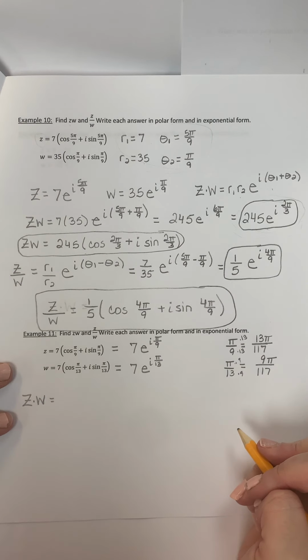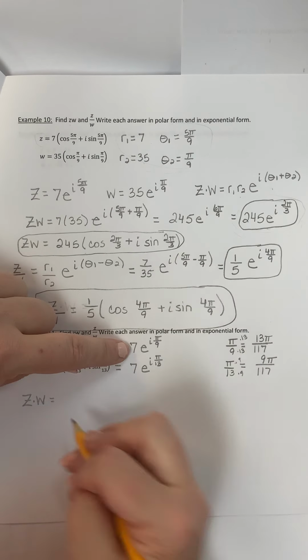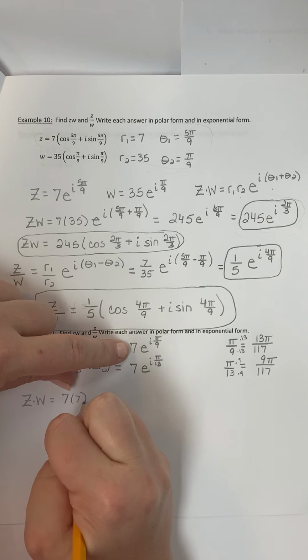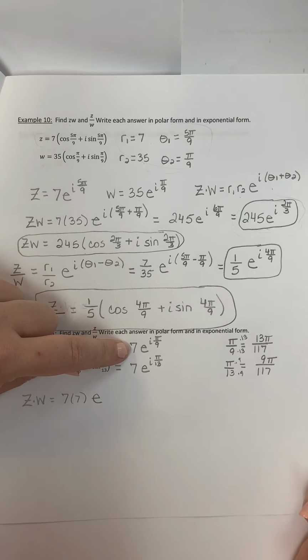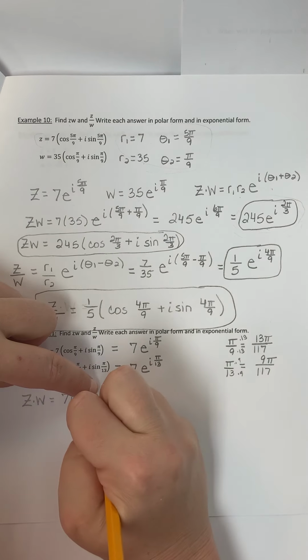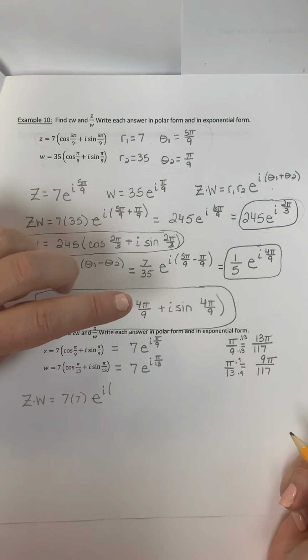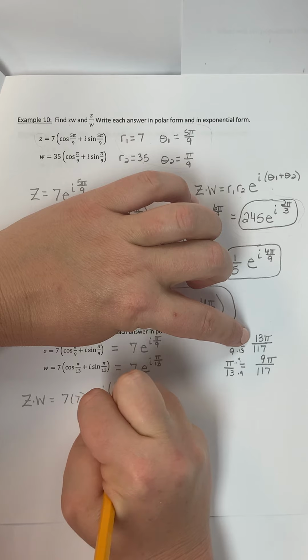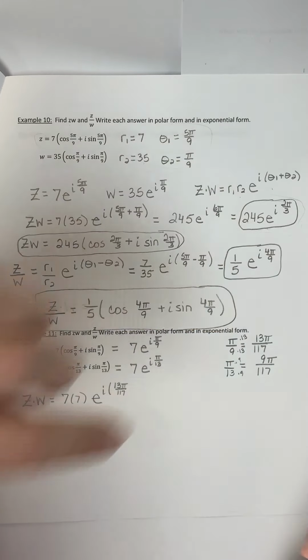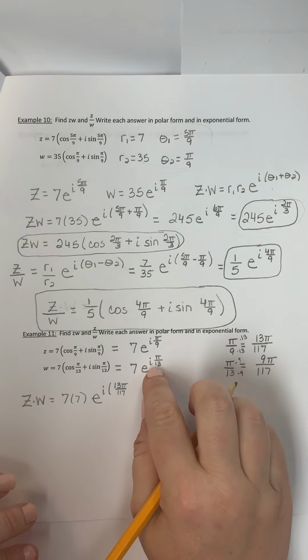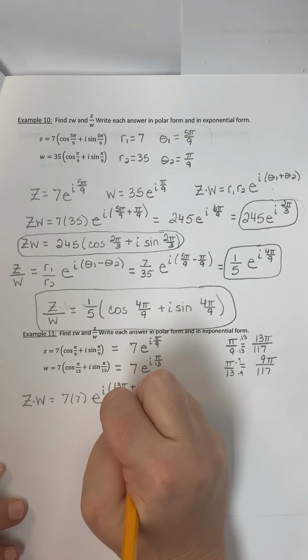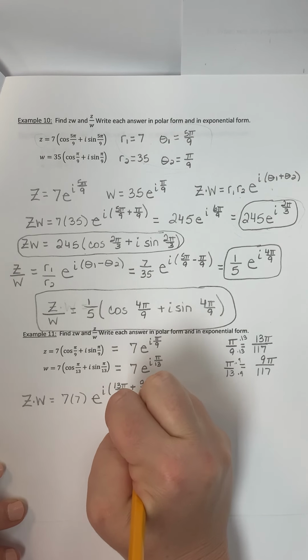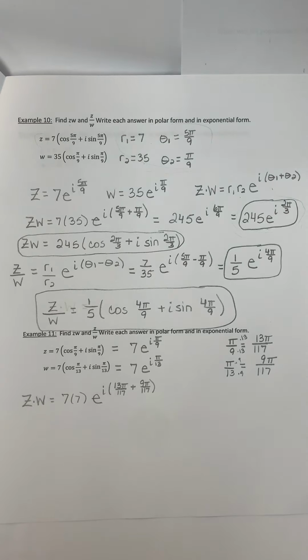For z times w, I'm going to multiply these together. So 7 times 7. If you want to go ahead and put 49, you go for it. e to the i, and then here's my first theta, it's pi over 9. That's actually 13 pi over 117 plus pi over 13, which is actually 9 pi over 117.